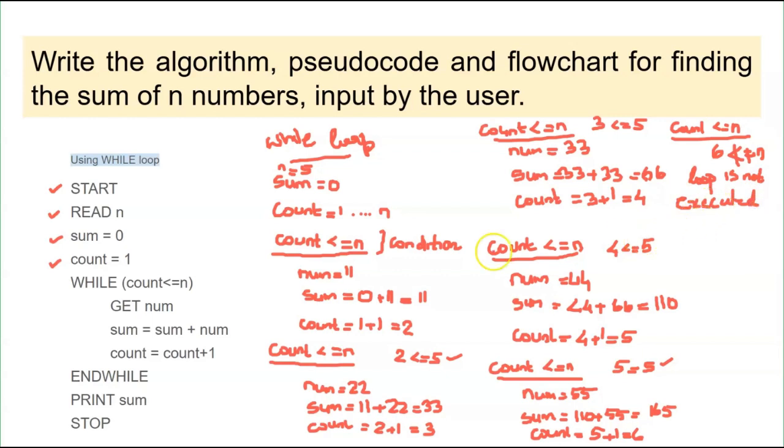So the while statement is ended. So it will come out of that loop and it will print the value of sum. And it will go to stop. So this is how it is going to be executed.